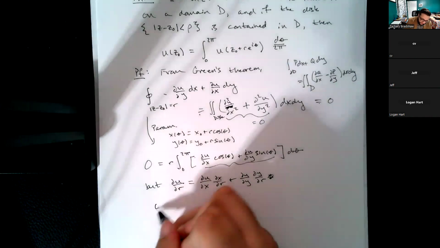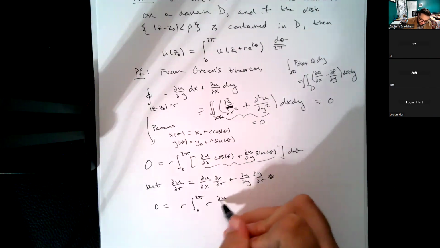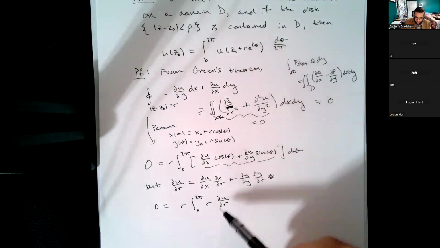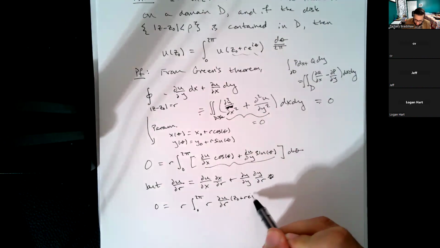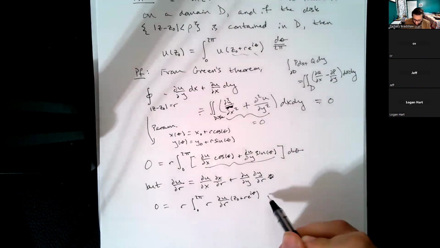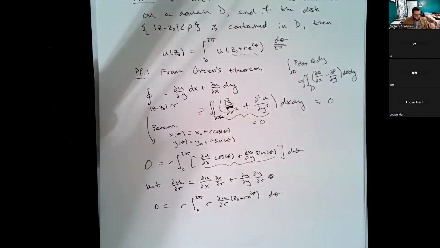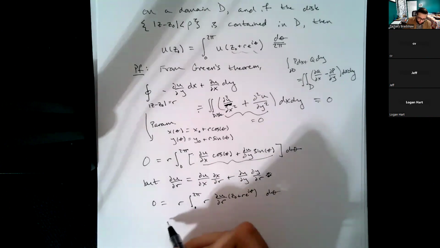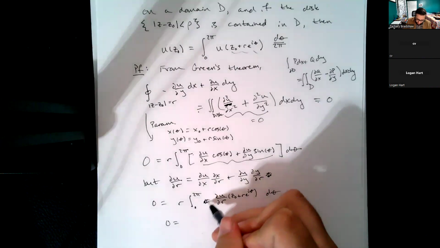And so what we have is that 0 is r times the integral from 0 to 2 pi of du/dr, and we're evaluating it at this point. So maybe I'll sneak that back in here. Okay, now let's go ahead and divide by r. Let's throw that away, and then we'll also divide by 2 pi to put the 2 pi over here.